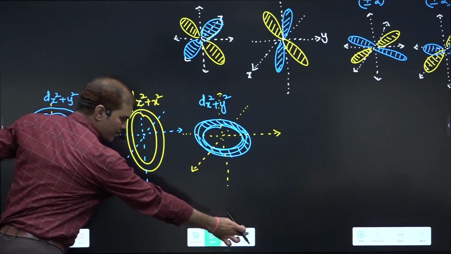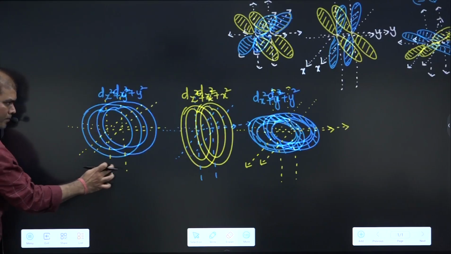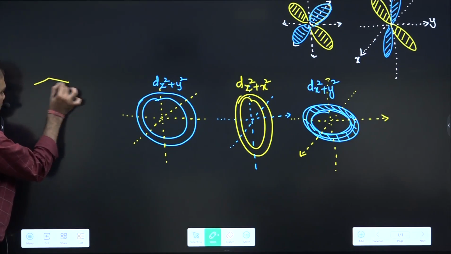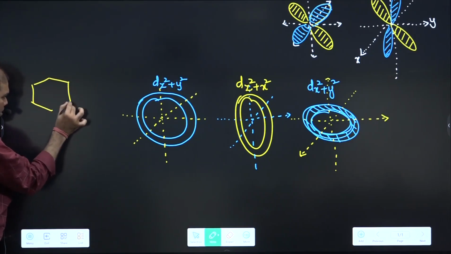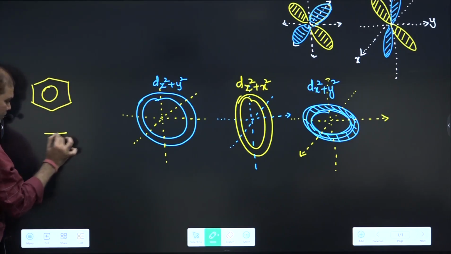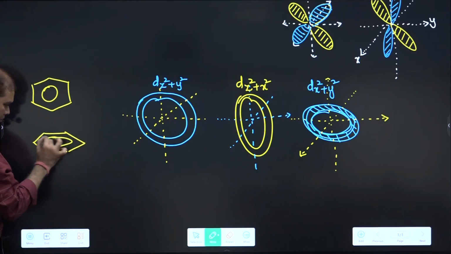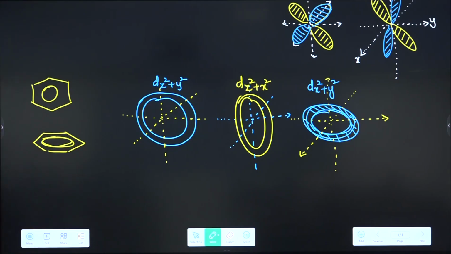I'll just give a small example while you draw this. Suppose I draw benzene like this, and I'm drawing benzene like this. So in which plane is this benzene?